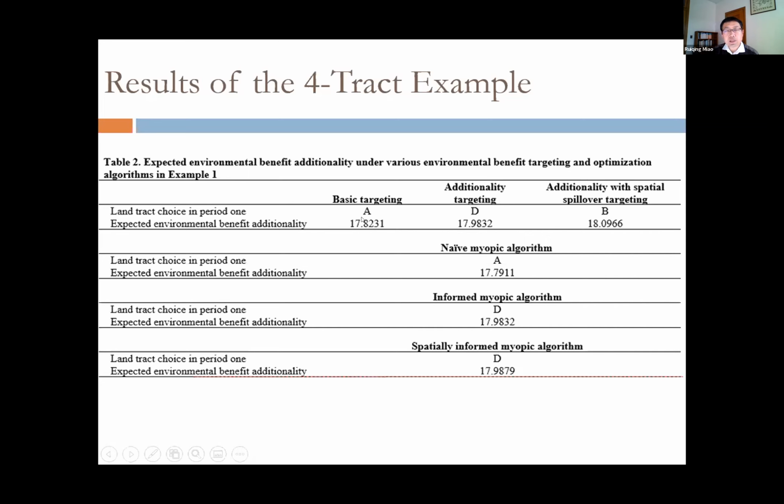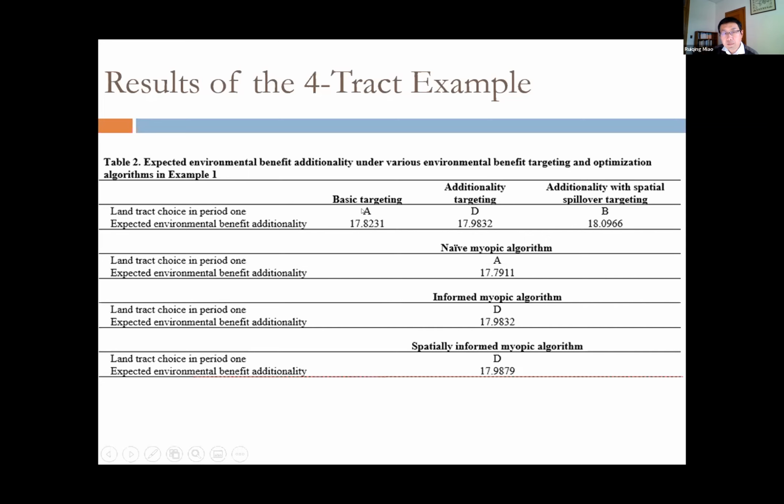Okay. So you can see that the targeting strategy makes a difference. Under different targeting strategies, the grassland easement acquisition result is different.